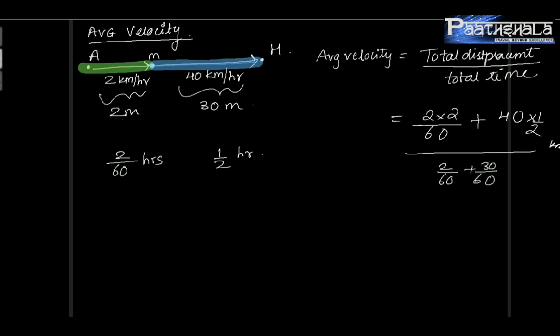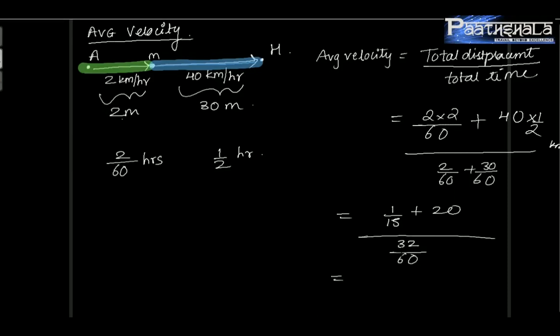Alright, makes sense? Total displacement upon total time. So this is equal to 4 by 60, which is 1 by 15, plus 20 upon 32 by 60. Alright, yeah, we are accurate till now.